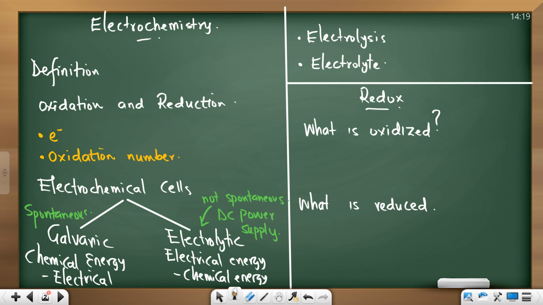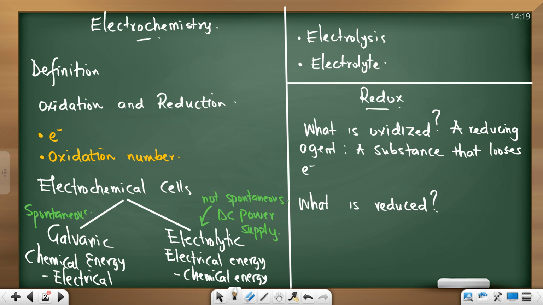Now the question is, what is oxidized and what is reduced? Something that is oxidized is called a reducing agent. And it is a substance that loses electron. Because we talk about oxidation being the loss. So a reducing agent is a substance that loses electron.